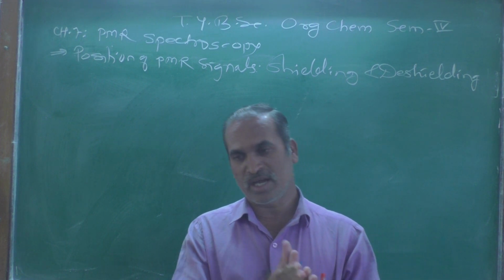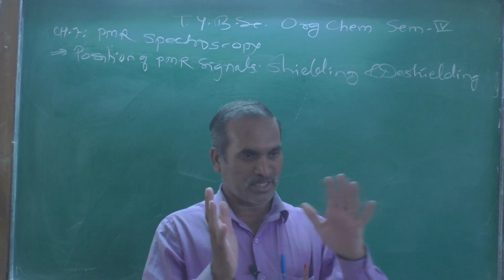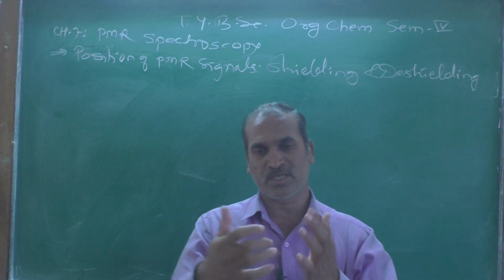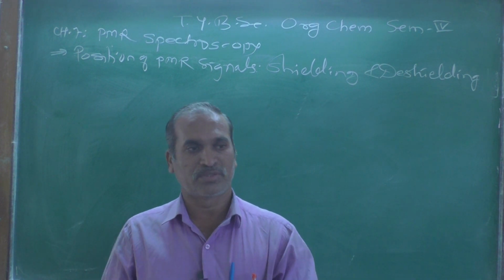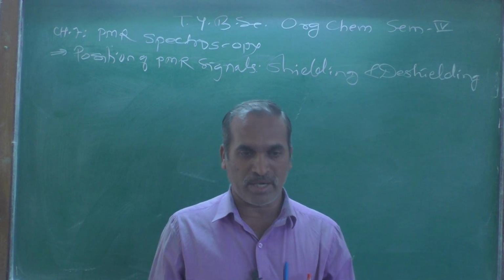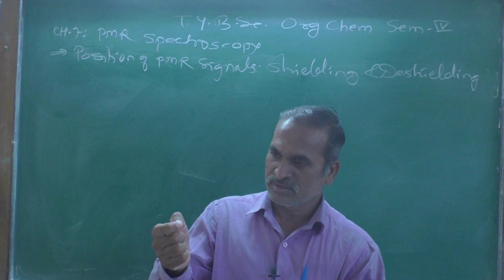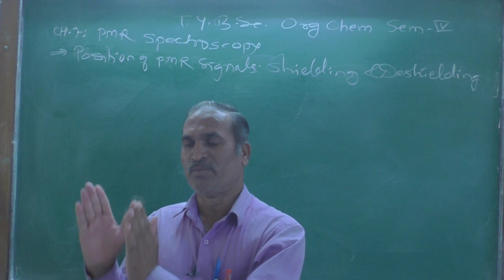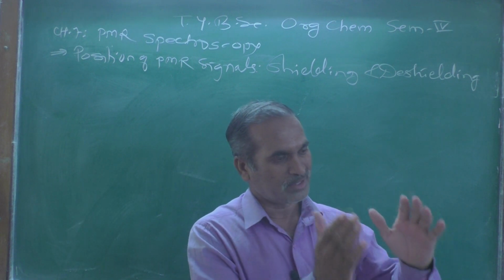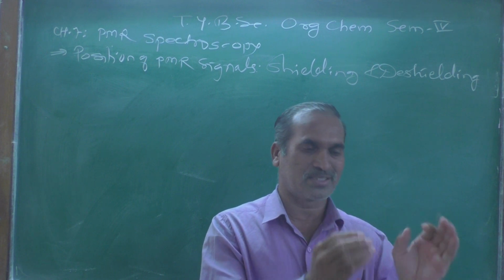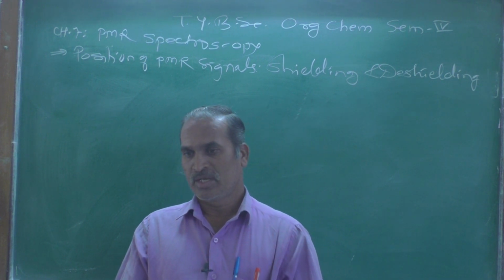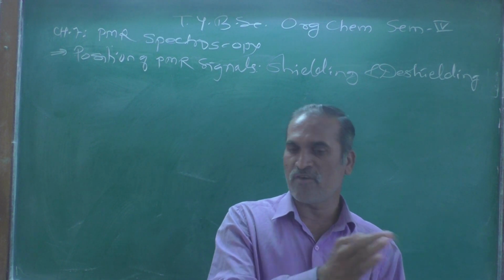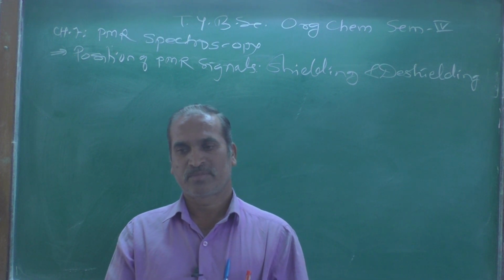A methyl group, as we know, if it has a different environment, the chemical shifts are different. That depends upon what kind of environment is around it, and the position of that signal will be different. If the same proton, suppose a methylene group, CH2, CH2, are in the same environment, the position of the signal or the chemical shift will be the same.